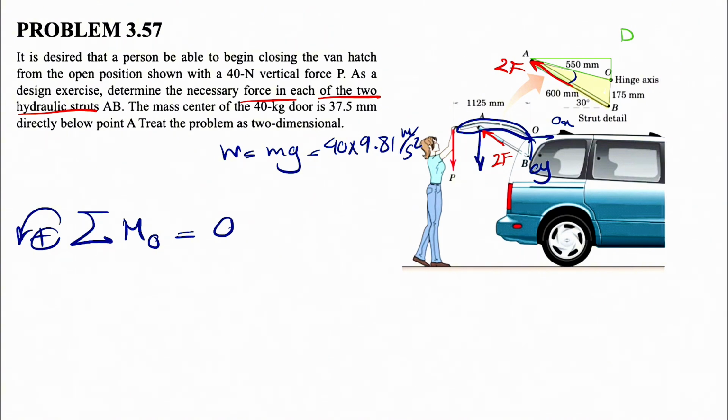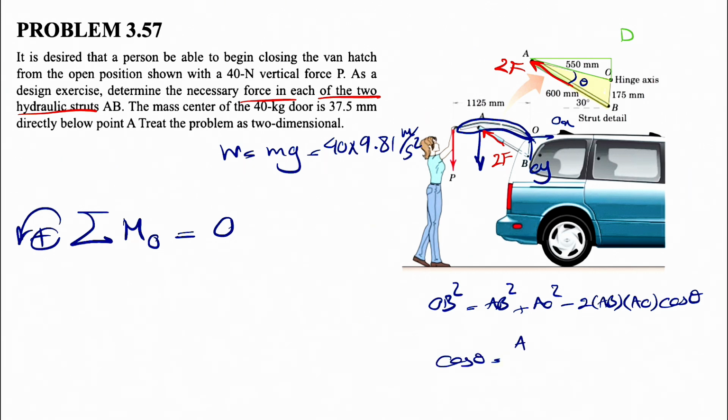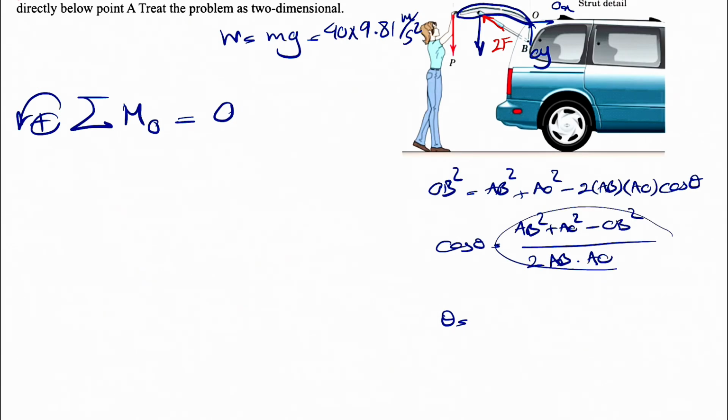For this triangle, if we use the law of cosines, we should be able to find this angle theta. What the law of cosines is saying is that OB squared is equal to AB squared plus AO squared minus 2 times AB times AO times cosine of that angle theta. So cosine of theta would be AB squared plus AO squared minus OB squared, divided by 2 times AB times AO, and we find the inverse cosine of this value.